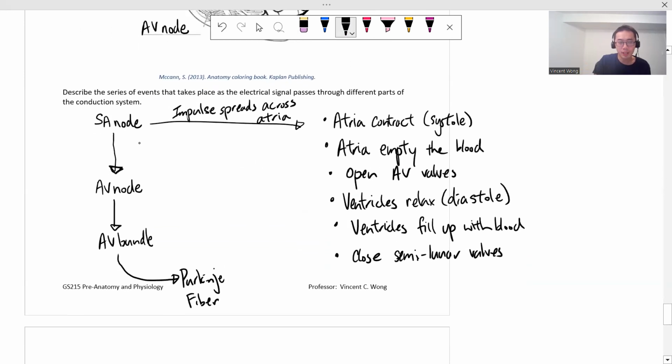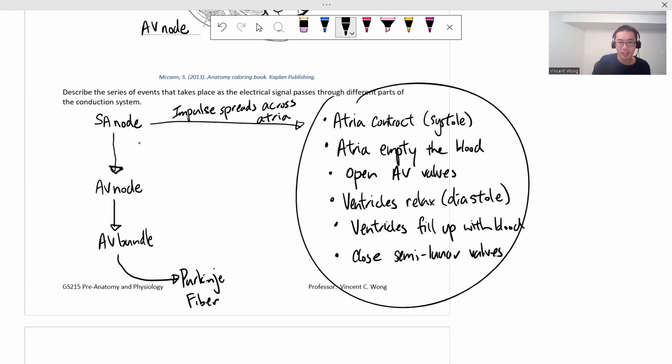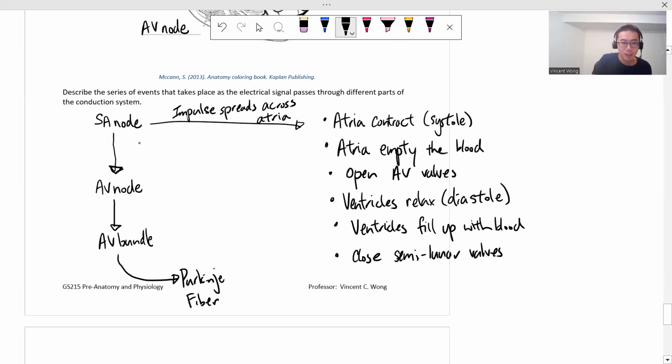So once it gets to the Purkinje fiber, it's time for the ventricles to contract, right? The chambers are only going to contract when the signal gets there, right? So it's basically opposite of all these things. So now the ventricles contract, right?